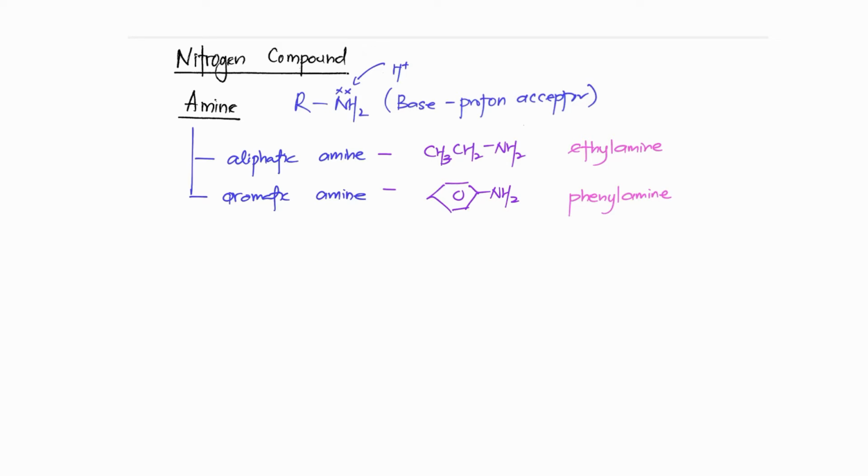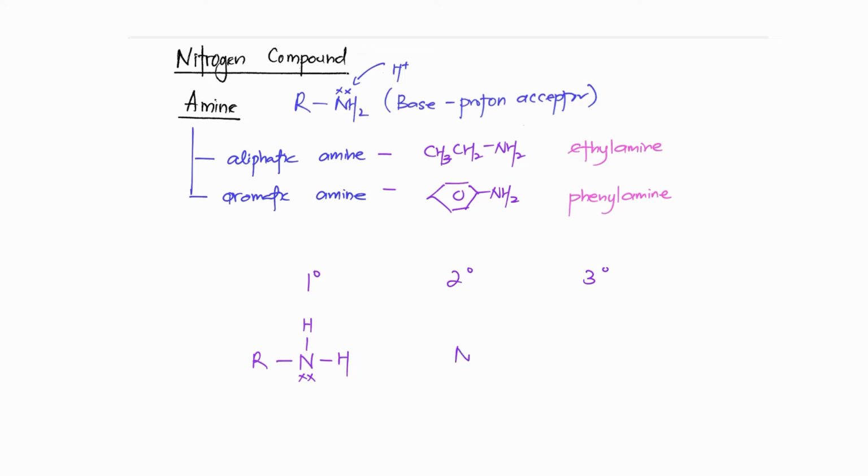We could also classify amine into primary, secondary, and tertiary amine. We focus on the nitrogen. If it is bonded to one R group, which is an alkyl group, and 2H, it is a primary amine.